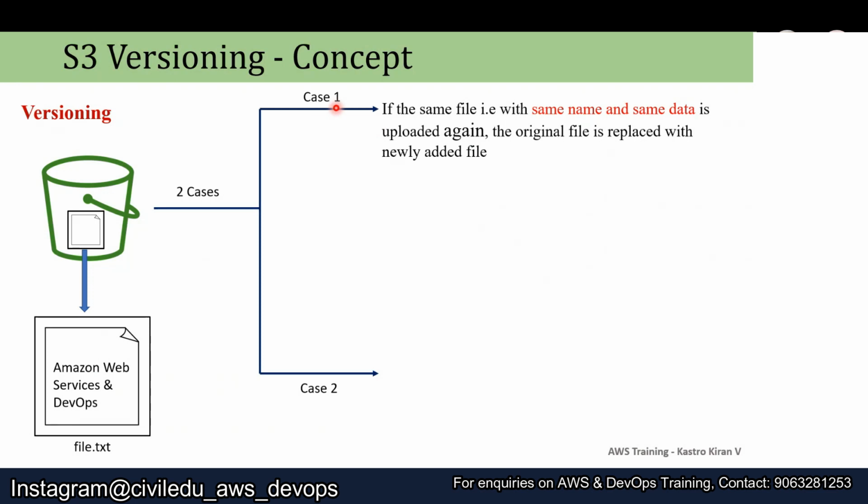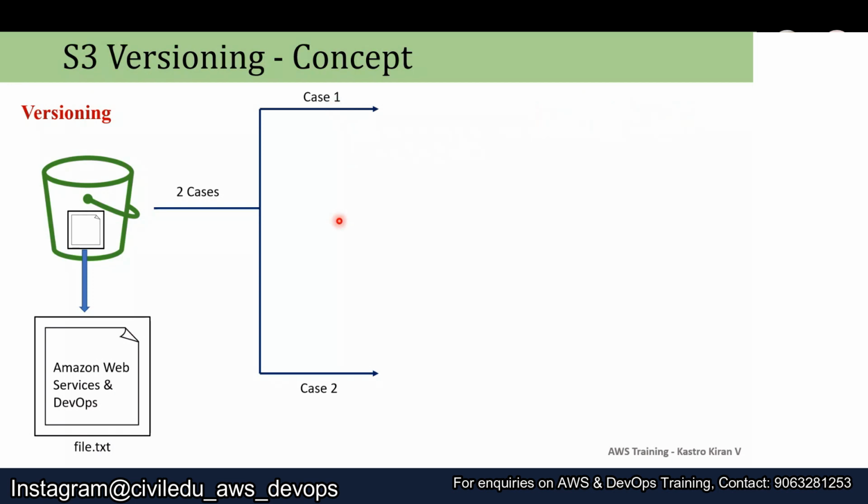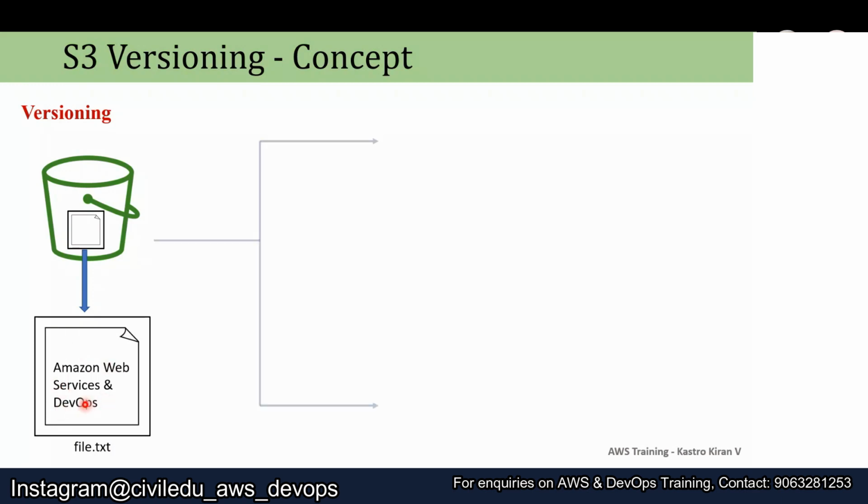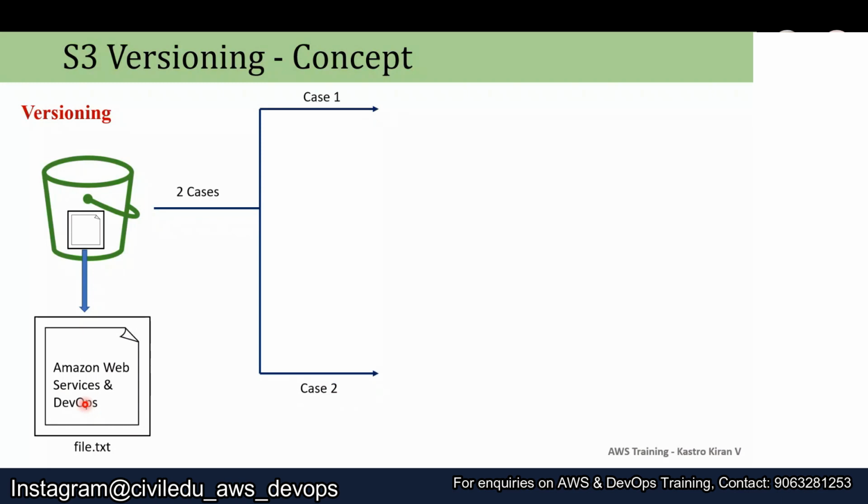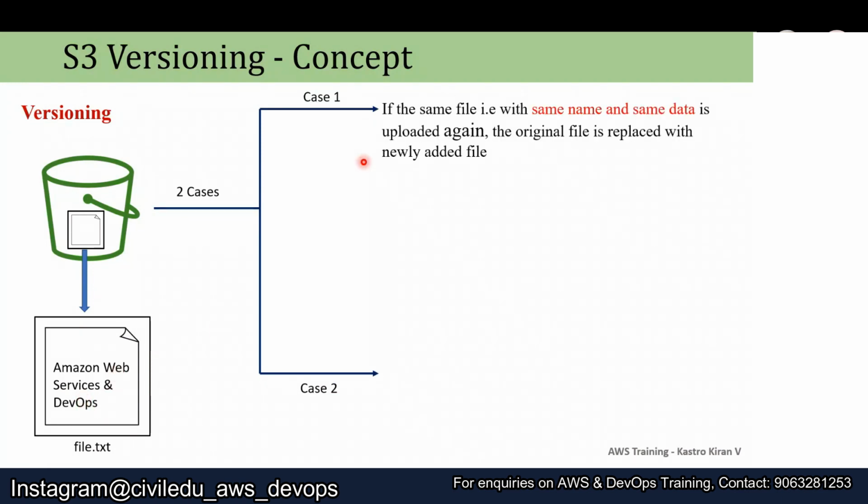Let us understand this scenario very clearly. Here I already have one file, which is file.txt, with some content, which is Amazon Web Services and DevOps. So here we have two cases in the S3 bucket. The first case is when I try to upload the same file, having the same name and same data, once again.